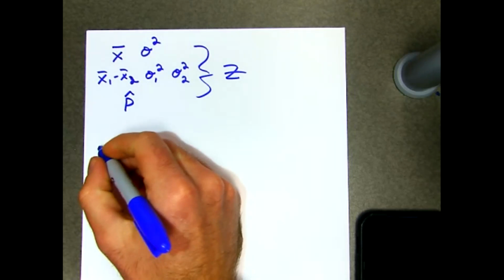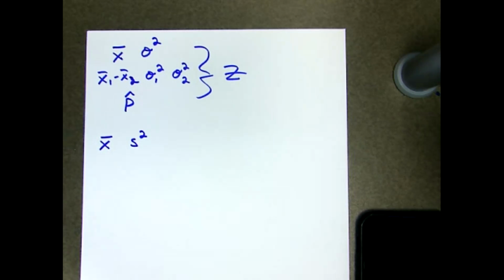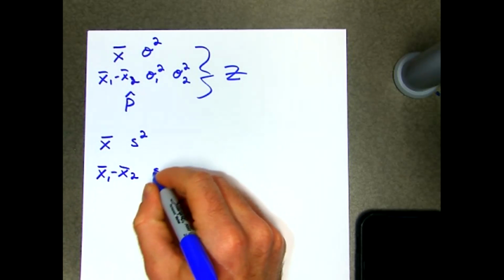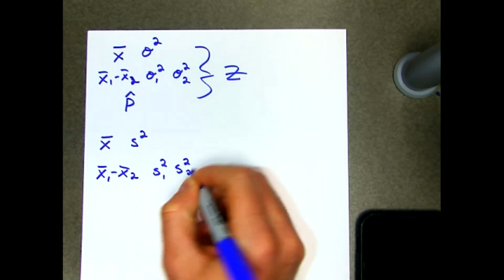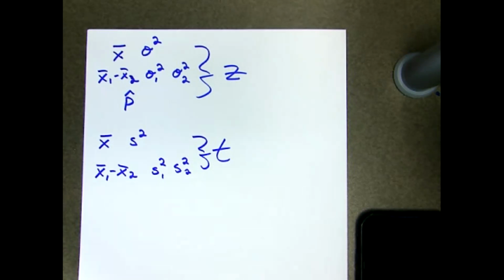Whenever I have a sample mean and I only have a sample variance or sample standard deviation, I don't know the population variance, or I'm looking at the difference in sample means and I only have the sample variances for those groups, that's a scenario where we're going to use that student T. Is that what you were talking about?